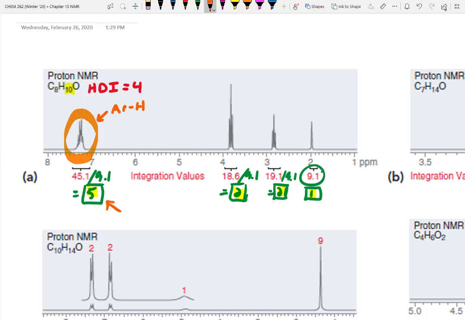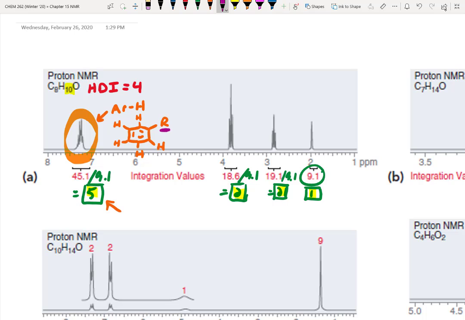So what does that tell us? Well, it tells us we must have an aromatic ring. Safe to assume it's just going to be a benzene-like ring. And we know that we must have 5 protons coming off of it based on the integration value that we just determined. However, we don't know what this R group is right here. Does that make sense so far?